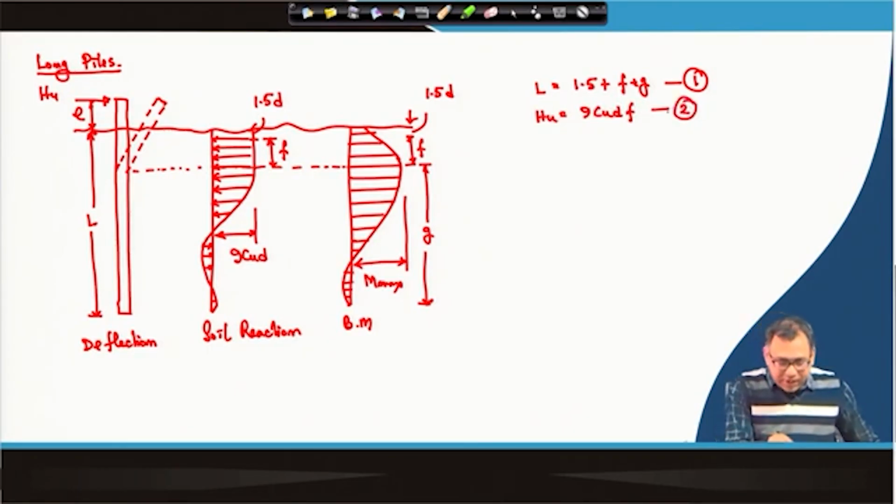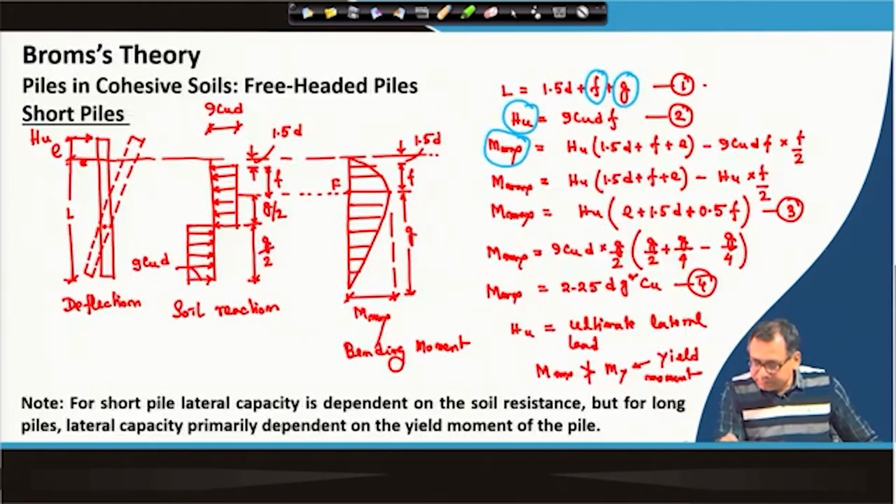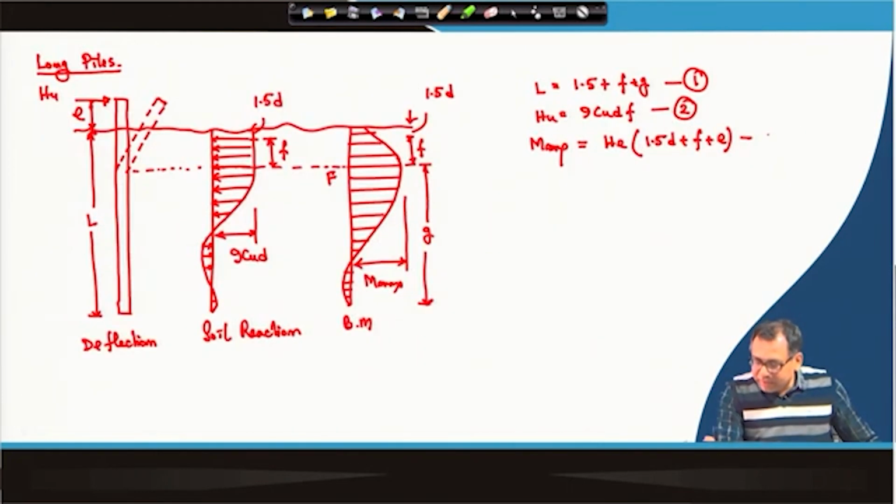Then you can take the maximum moment value at point F. So this is point F. That will be equal to, again, we can write HU into 1.5 D plus F plus E, minus this 9 CUDF into F by 2.